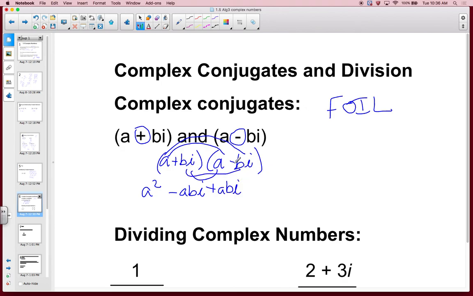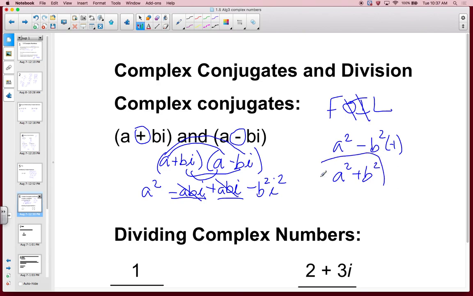And then last, I'm going to get a negative b squared i squared. Okay, so look what happens here. Negative abi plus abi. Those are going to cancel out because they are opposites of each other. And that was the outer and the inner terms. That will always happen when you have conjugates. All right? So continuing on, I have an a squared minus b squared i squared. i squared is a negative 1. So therefore, we get a squared plus b squared. And there it is.